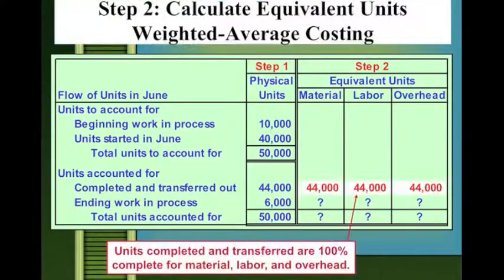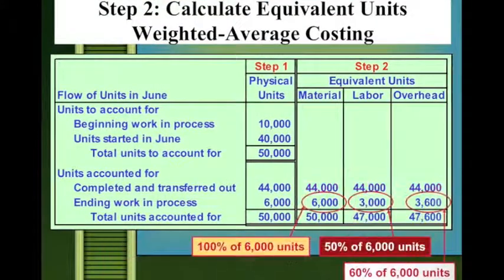So all you do now is apply that 50 and 60% to the 6,000, because you have 6,000 ending units. But to come up with equivalent, since labor was half done and overhead 3/5 done, you multiply it out, 50%, 60%, you get the equivalent unit.